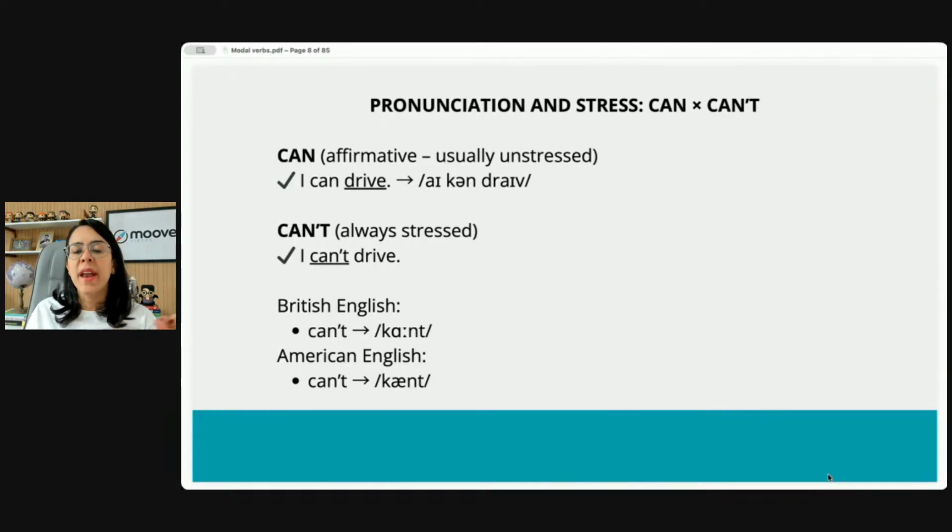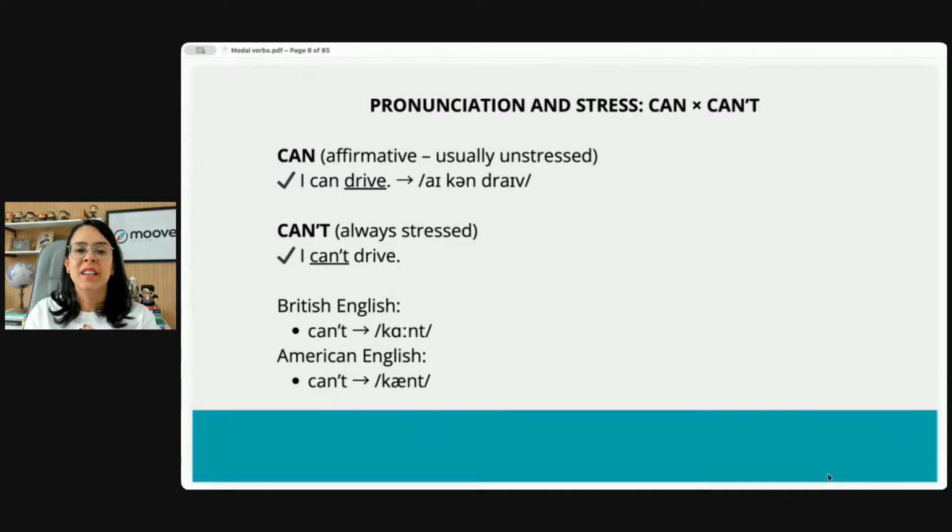So when I have an affirmative sentence, I don't stress can. So pay attention. I can drive. If you paid close attention to how I said it, I emphasized drive a little bit more. I can dance. I can speak 3 languages. So we never emphasize can.